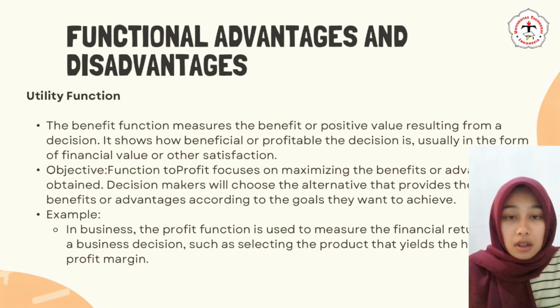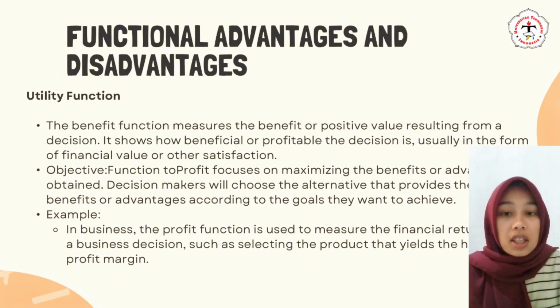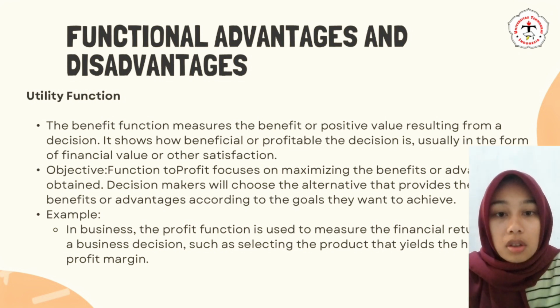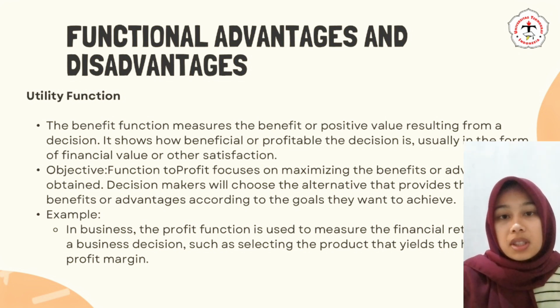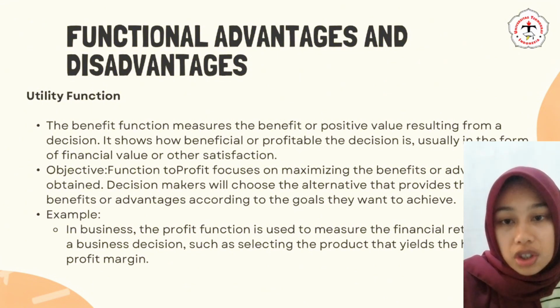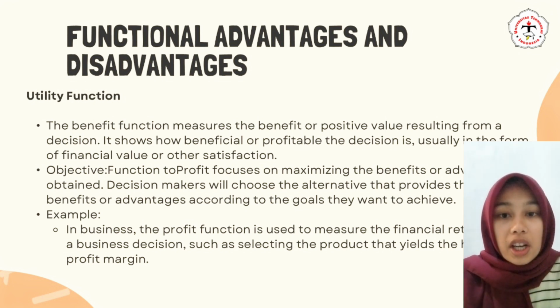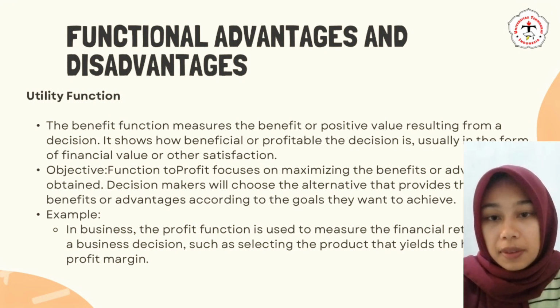The decision maker will choose the alternative that provides the greatest profit or benefit according to the goals they want to achieve. Example, in business, the profit function is used to measure the financial benefit of business decisions, such as choosing a product that produces the highest profit margin.